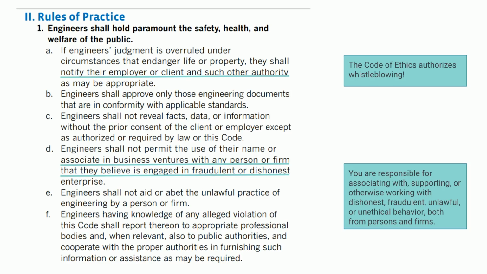Even if you are absolutely certain that you're not involved with that activity, you have an obligation to not engage in shared projects with companies you know to be engaged in fraudulent or dishonest activity.